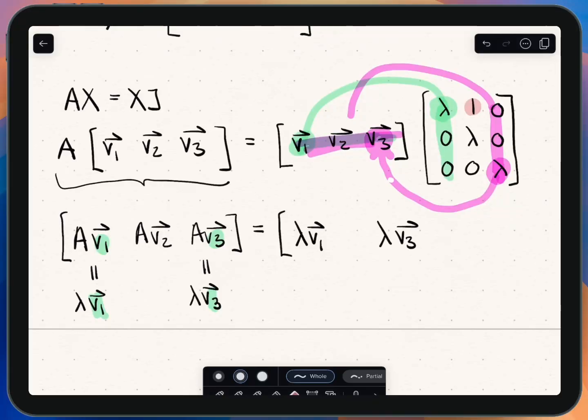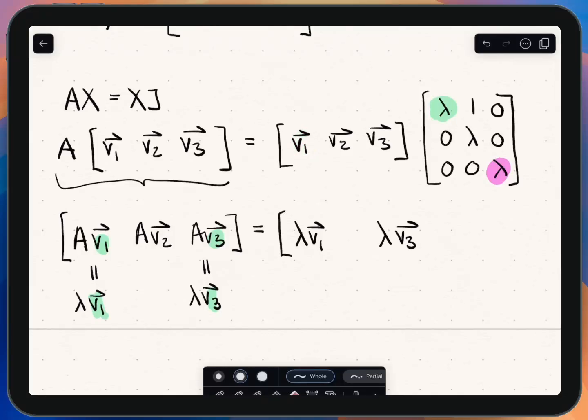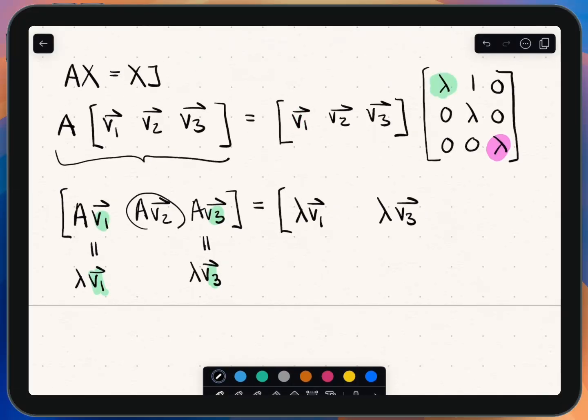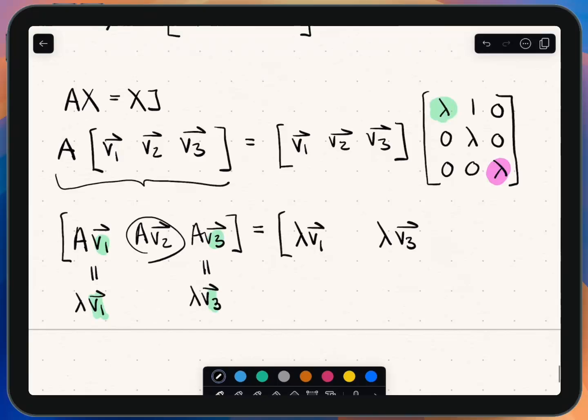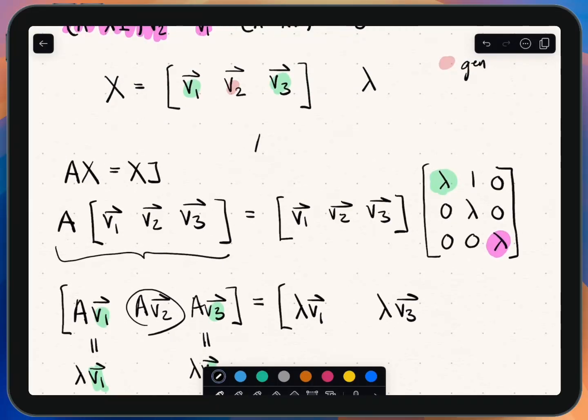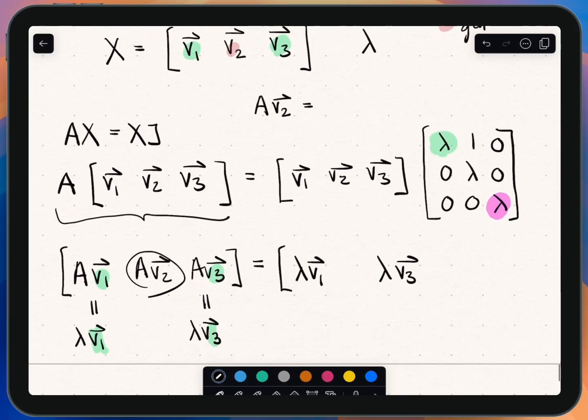But now, why do we have this 1 right here? So if I say that AV2 is a generalized eigenvector, then AV2 is going to equal, and what happens now? If I take 1 and lambda and 0, that's going to go up here. We're going to have 1 times V1 plus lambda V2. So this comes out to be V1 plus lambda V2.